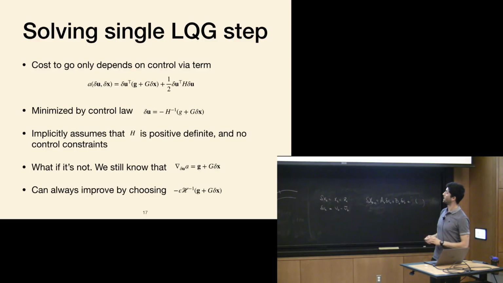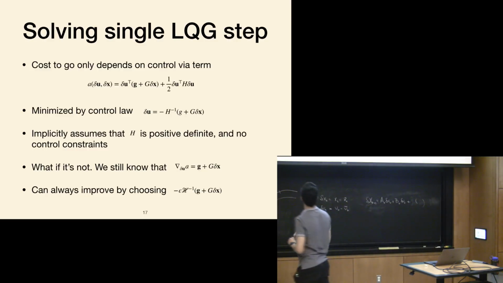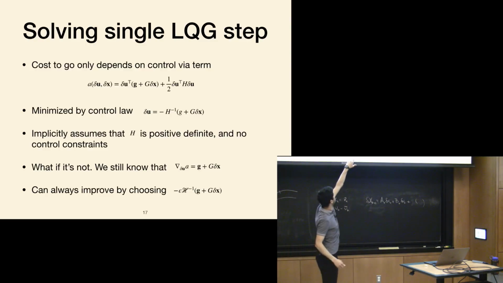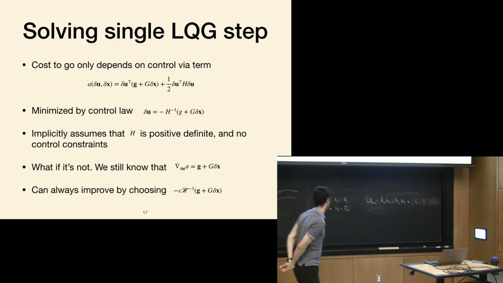So it turns out it's okay. If you looked at that term where pi appears, and you looked at the gradient, here this delta u term, the gradient of that term is g plus g delta x, right? So let me just write it out.